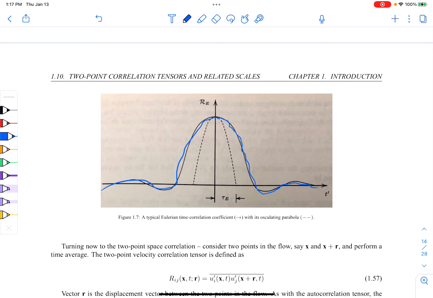A lot of people approximate these functions for theoretical considerations as Gaussian functions, because they might say, oh, this looks a lot like a Gaussian function that looks like this. It's a very good approximation, but Gaussian functions are always positive, right? They have no negative loops. When people talk about negative loops in turbulence measurements, they're talking about these little things that go up and down around the x-axis.